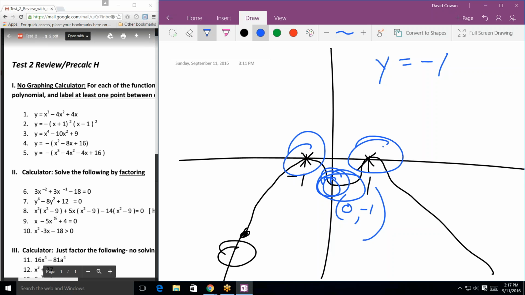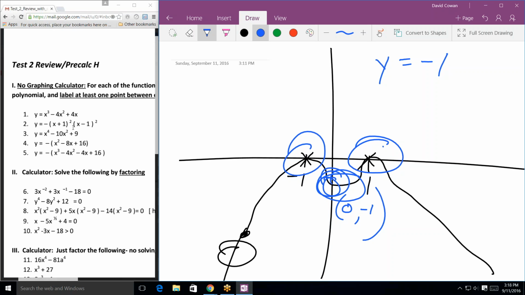You know what I mean by those terms? Yes, I do. So that tells me I have 3 local maximums or minimums at most, because it's a quartic, and that each of the zeros are going to kiss the axis, not cross it.